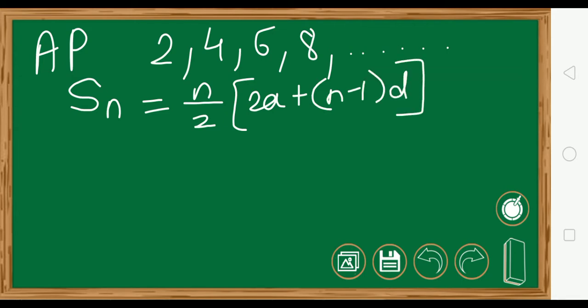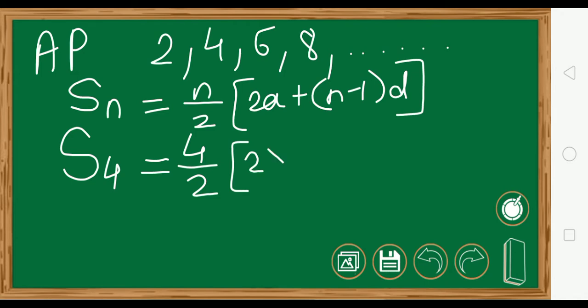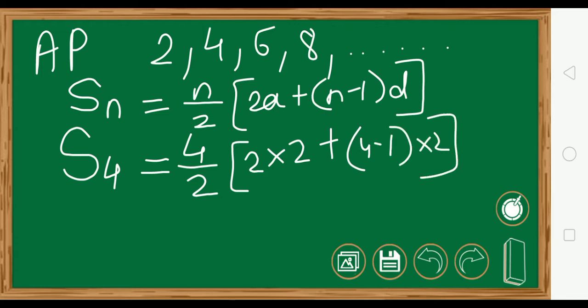Now in this AP, you know a is 2 and d is also 2. And I want to find the sum of the first 4 terms. So S4 will be equal to, n is 4 because first 4 terms. So wherever n is, put 4, 2 into a, a is 2, the first term, plus n minus 1, n is 4, so 4 minus 1, into d, d is also 2.